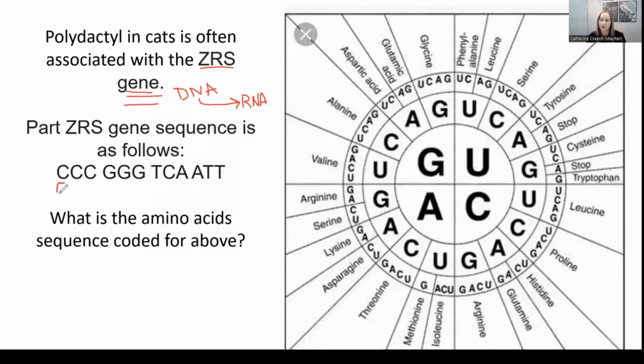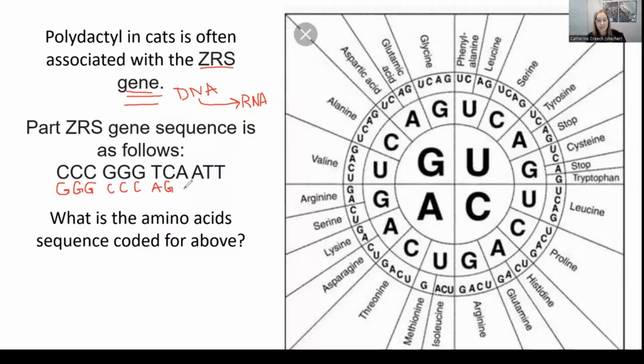So what pairs with C? G, G, G. What pairs with G? It's going to be C, C, C. What pairs with T? That's going to be A, and then G, and then here's where it gets tricky.